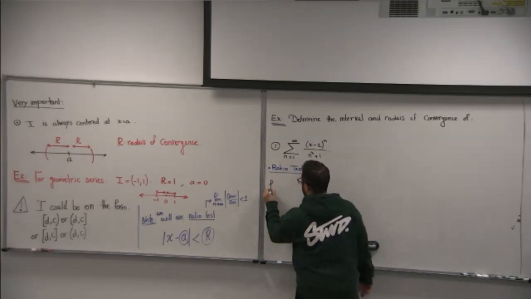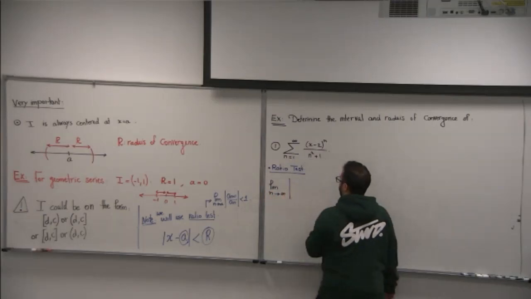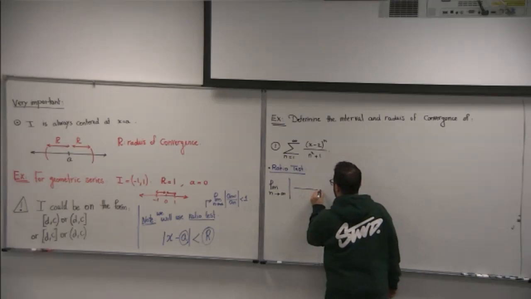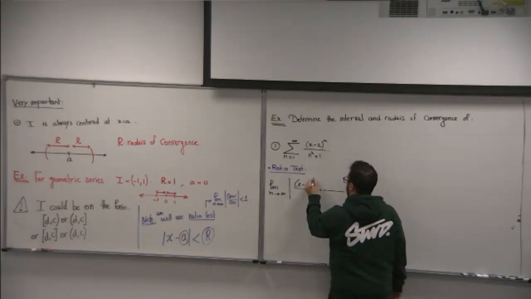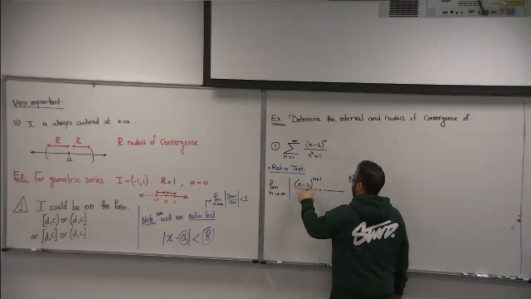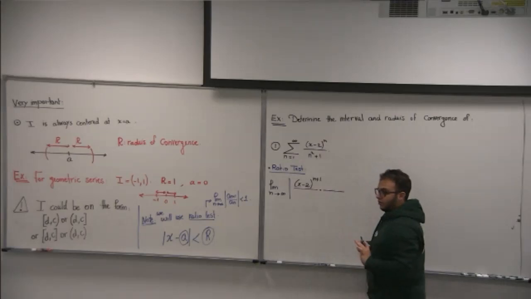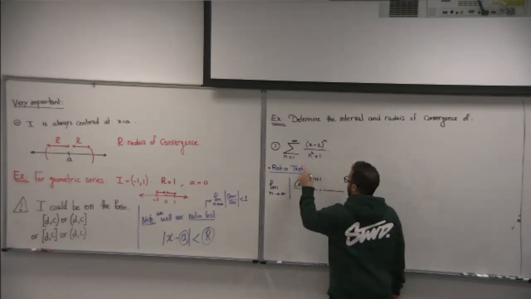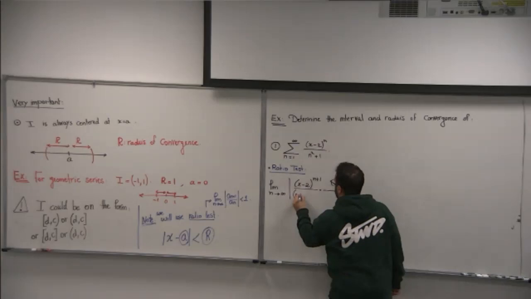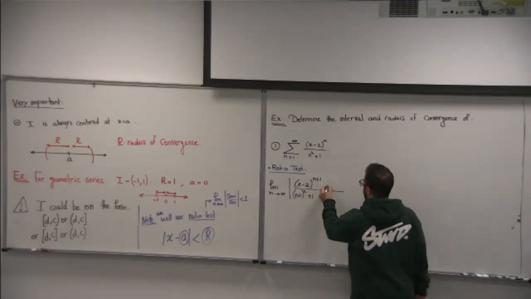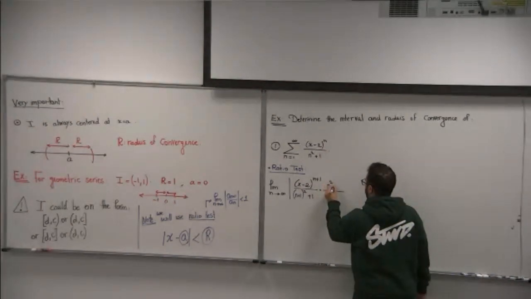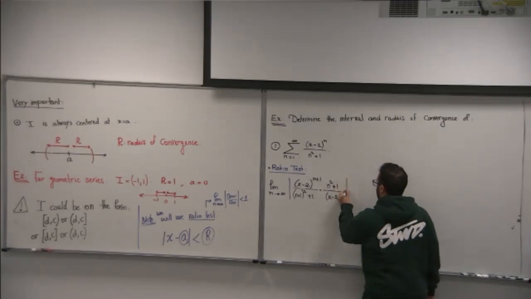So we take the limit as n goes to infinity of the absolute value of a_{n+1}. You add plus 1 to n, not to x. x stays x. Here I have (n+1) squared plus 1, times the reciprocal of a_n, so n squared plus 1 divided by (x minus 2) to the power n.